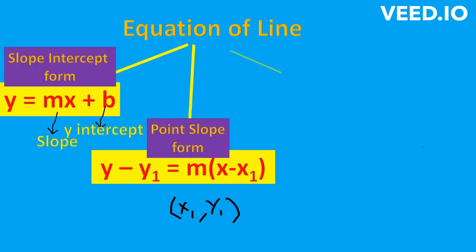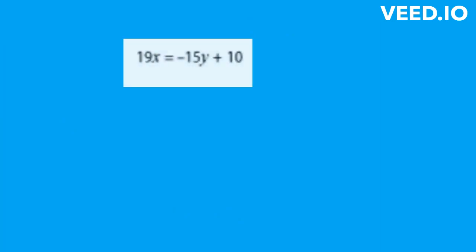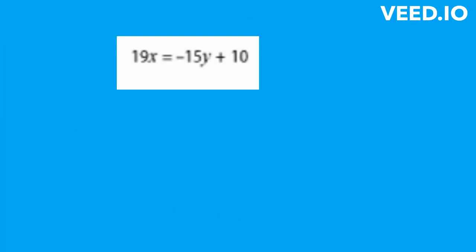Now there is another way of writing an equation of a line, and that is called the standard form, ax plus by equals c. This is very simple, wherein x comes first, then the y term equals the constant. Let's take an example. We have an equation here.